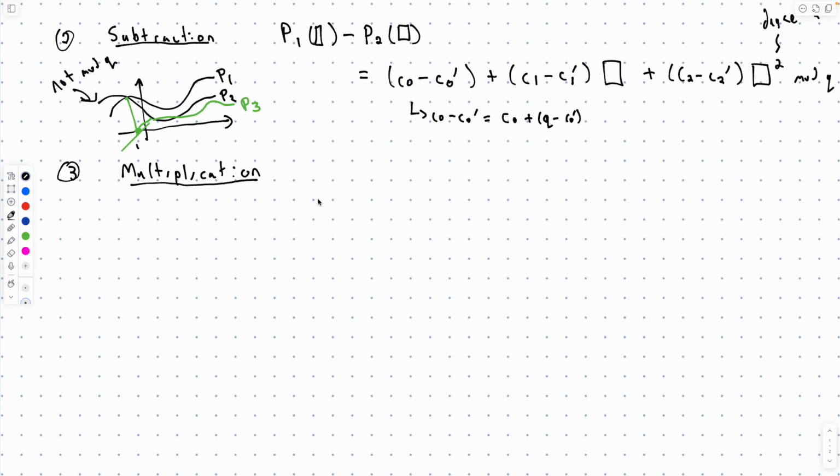Okay, multiplication. Let me draw out the full thing first.